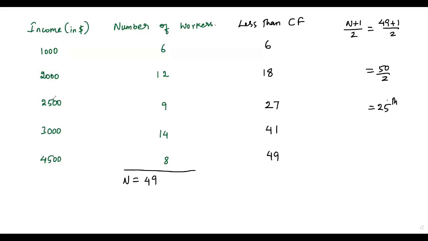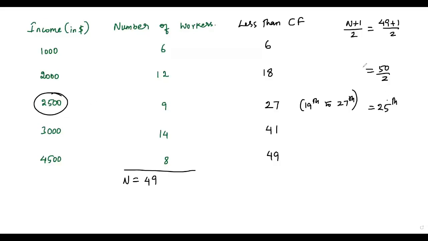Which frequencies cover the third one? It's very simple. We know the first two income categories, $1,000 and $2,000, are covered by the first 18 frequencies. Then the third category is covered by the 19th to 27th frequencies. So the 19th frequency to the 27th frequency covers $2,500 income.